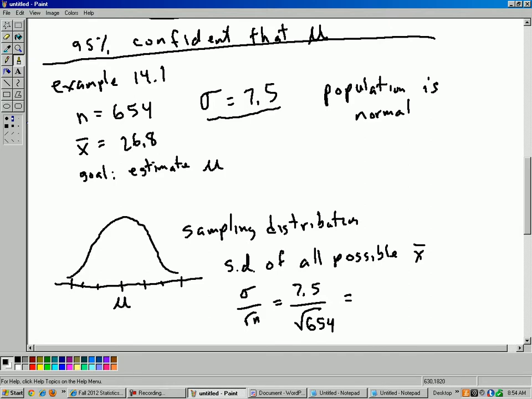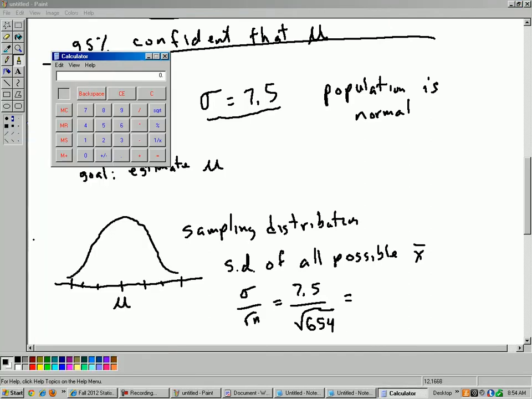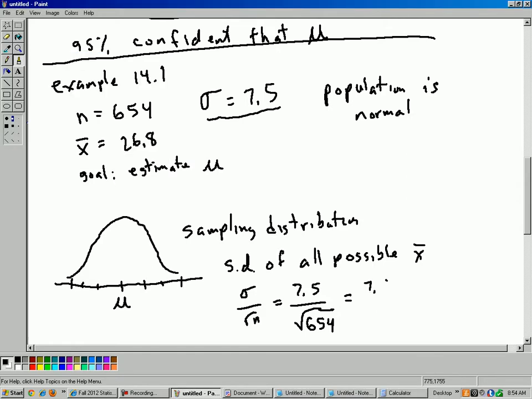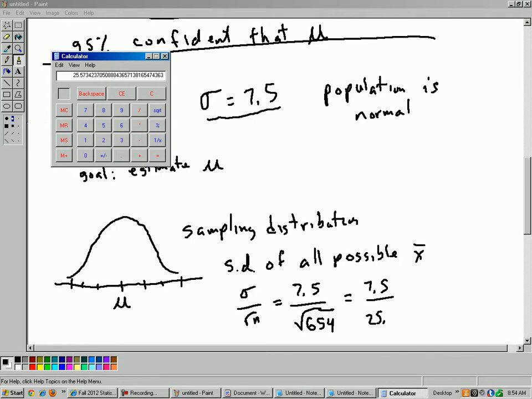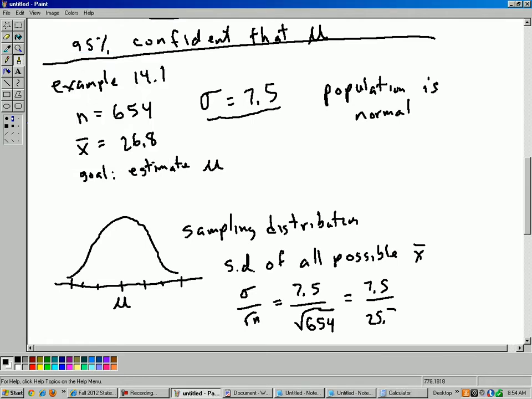Okay, let's do this calculation here. I'll just pull up the computer's calculator here. So this does have a square root button on it. Yeah, square root button right there. So let's do 654. Hit the square root button there. 25.57. So I've got 7.5 divided by 25.5734. That's probably good enough.